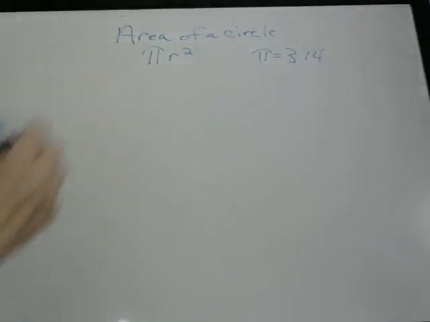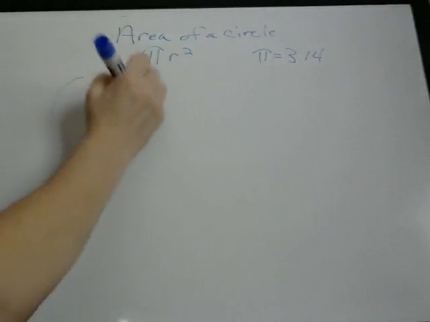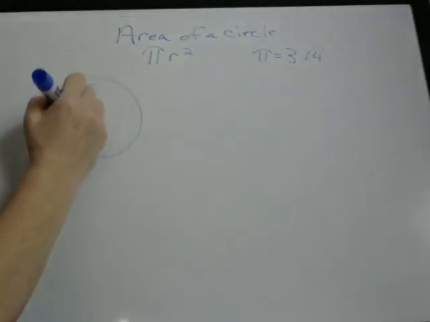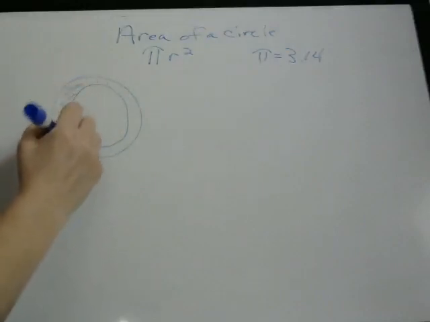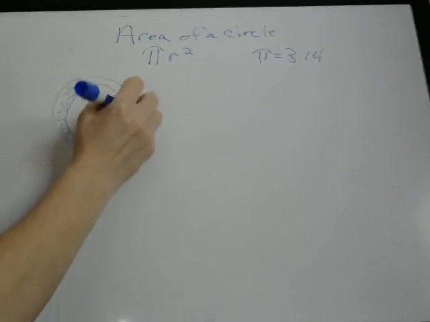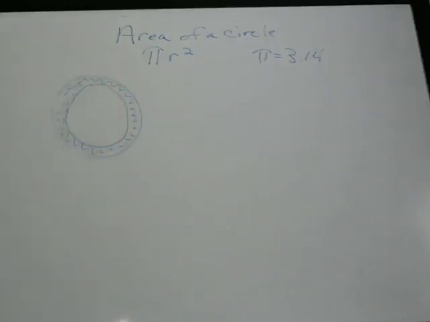This is a question you're probably most likely to get. You have a larger circle and then a smaller circle. And they want to know, what is the area of the shaded region? So it's kind of like a tire where you have the rim. What's the area of the outside?